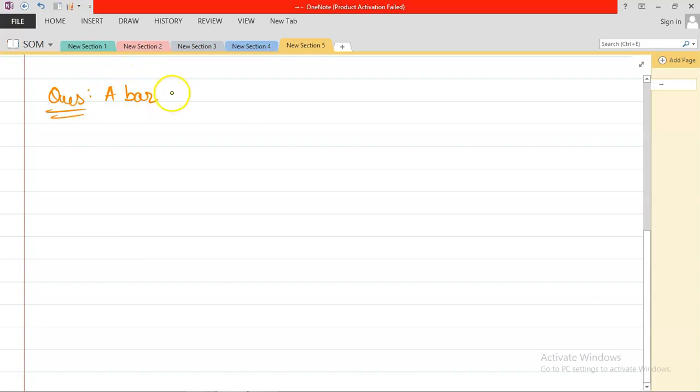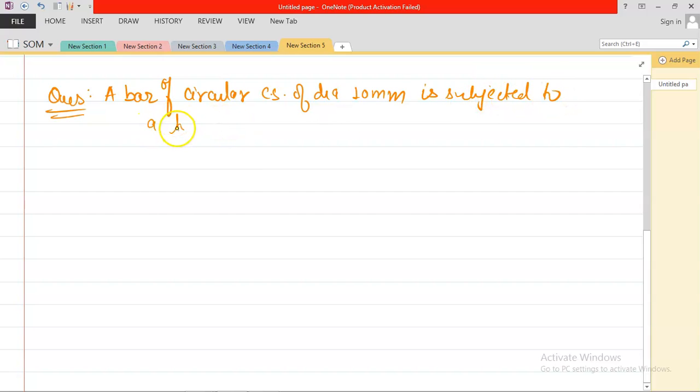A question is given: I want to use a bar of circular cross section of diameter 10 mm subjected to a torque of 10 kilonewton meter.